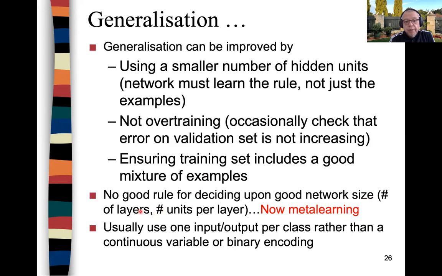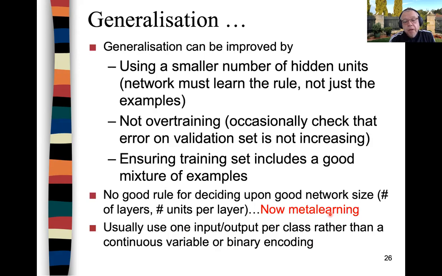So it used to be very hard to find the optimal number of layers and the optimal number of units or perceptrons per layer to be able to get a good performance. But now with meta learning, there are lots of approaches which allow you to do that.